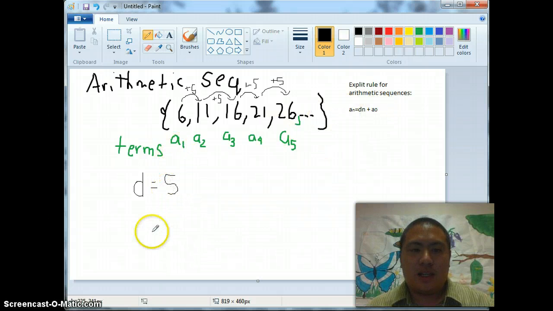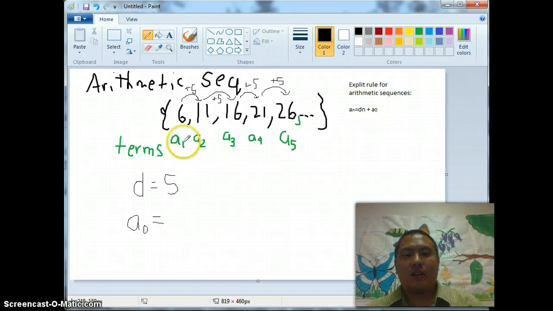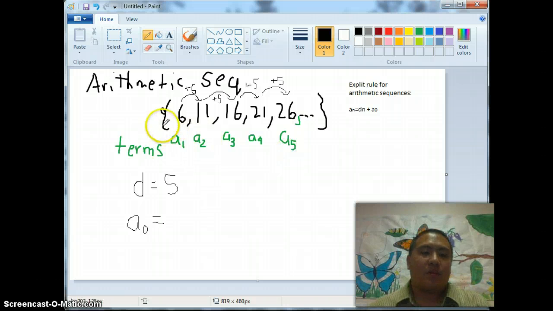And what we need next is a sub 0. Well, a sub 0 isn't on here, right? You see a sub 1, a sub 2, a sub 3, a sub 4, a sub 5. Well, you need to go before the sequence, so we're looking for a sub 0. If we're thinking about what goes before 6, most people can just say, oh, it's 1.